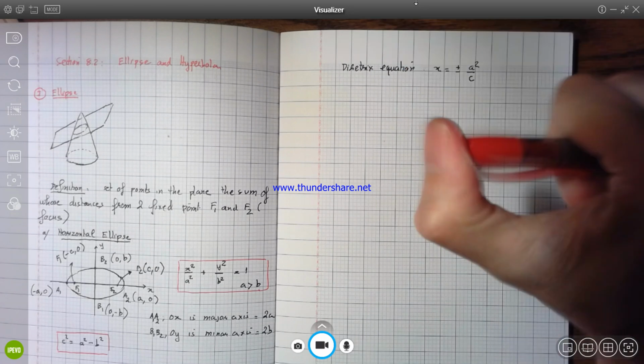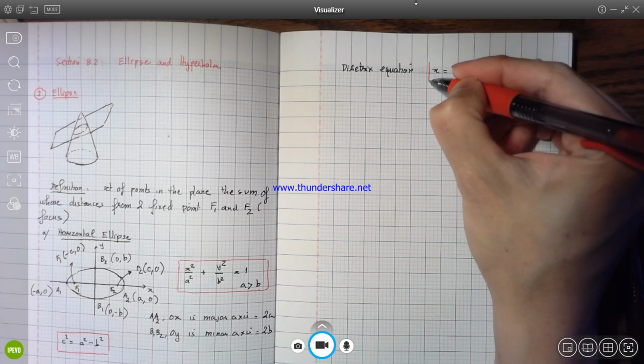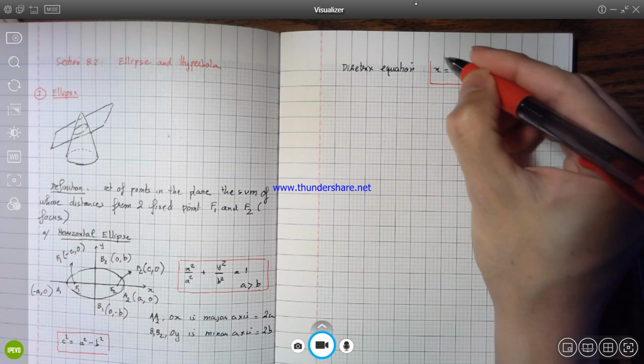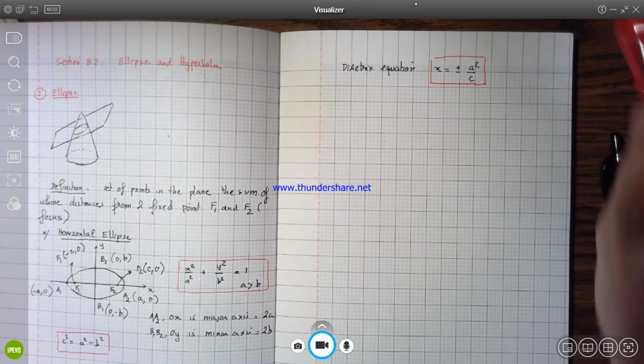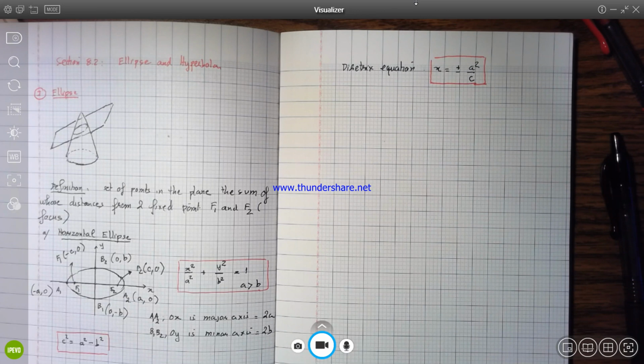So I'm going to box this formula also. Directrix will be plus minus a squared over c. So we have two vertical lines.